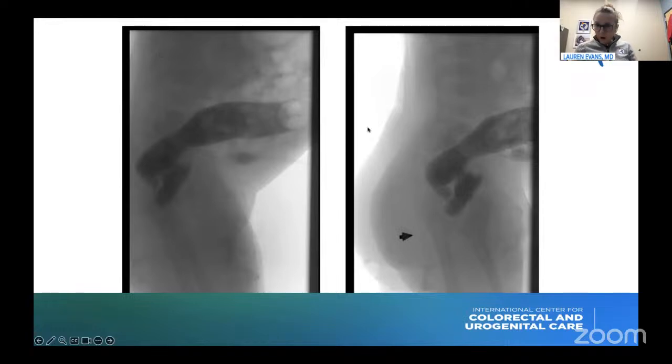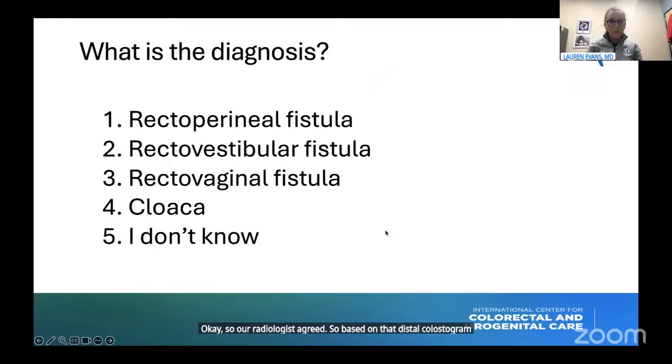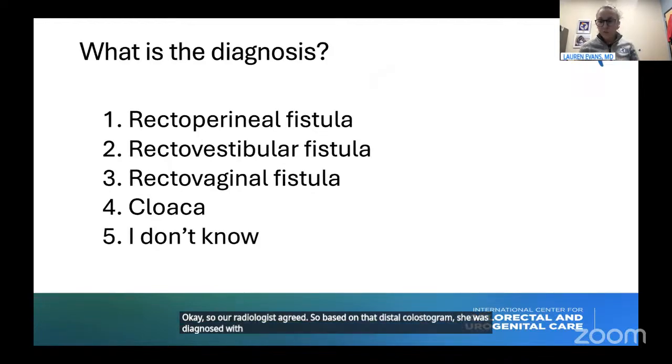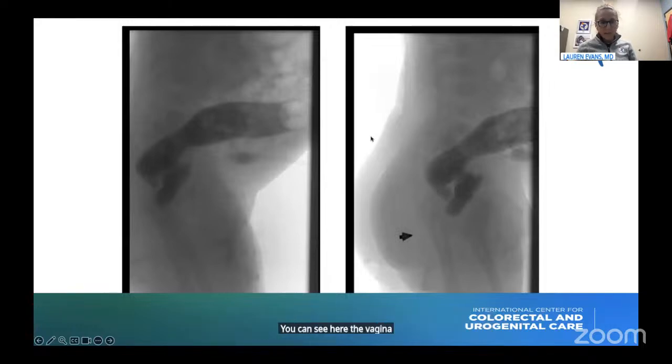Okay, so our radiologist agreed. So based on that distal colostogram, she was diagnosed with a rectovaginal fistula. You can see here the vagina filling on that contrast study.